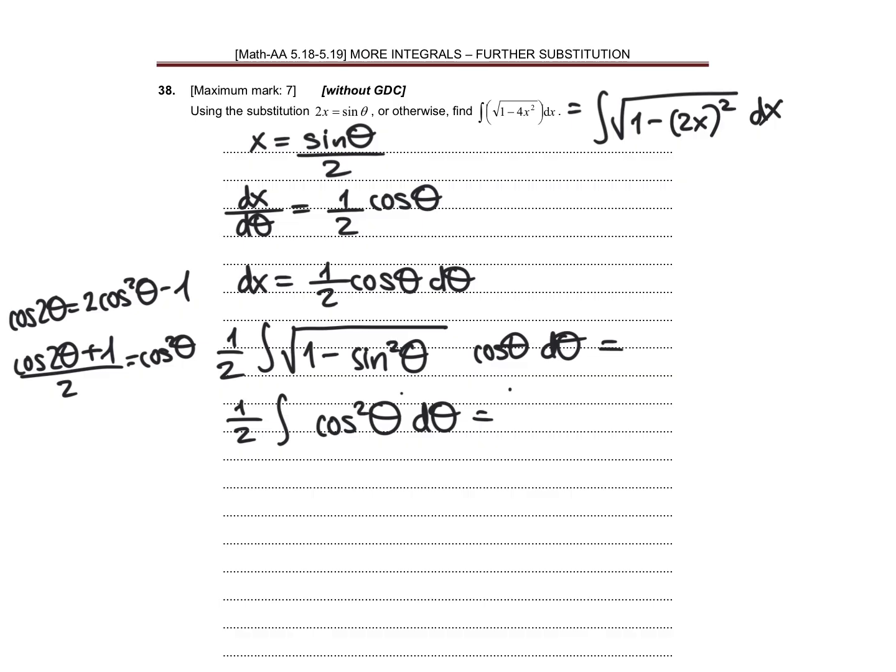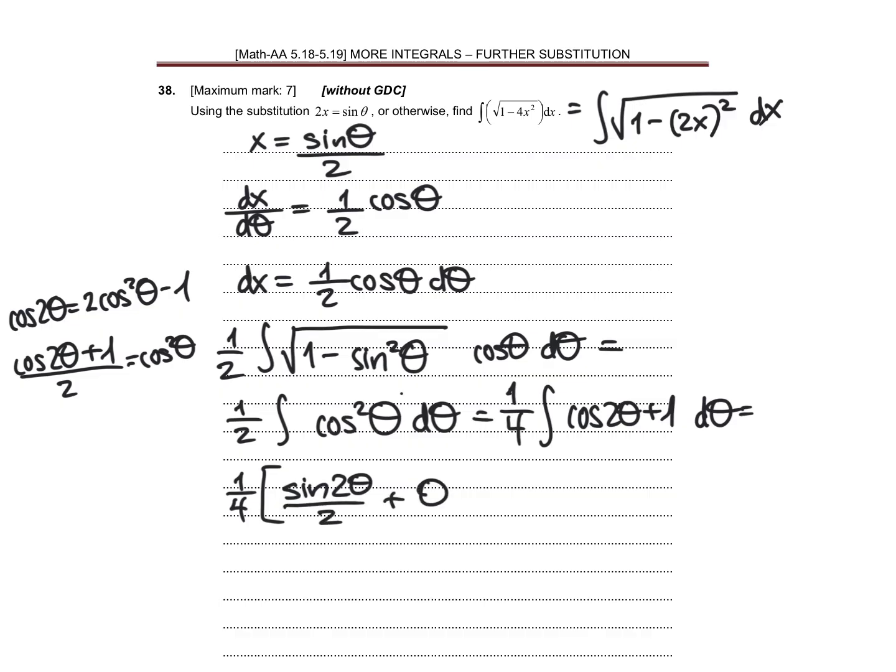So the 1/2 comes out first, so 1/4 integral cosine 2 theta plus 1 d theta. So this is 1/4 times sine 2 theta over 2 plus theta plus c.